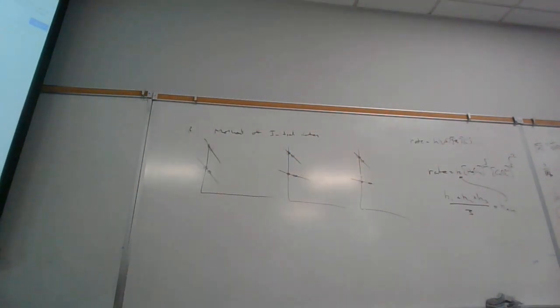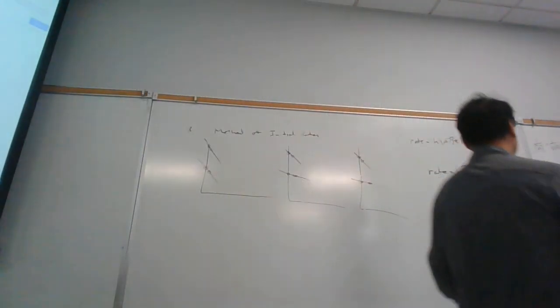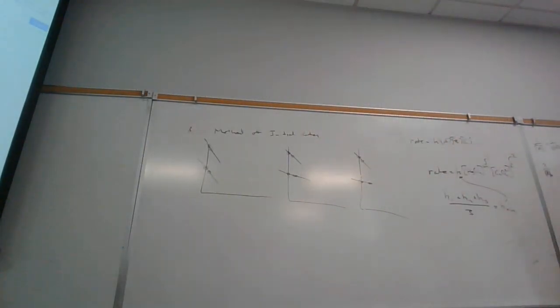But the rate law just tells us how fast. So if I double this, for example, this tells us how fast. This is what we call third order overall. Third order overall is just a sum. It's first order in A, second order in B, and it's going to be third order overall.